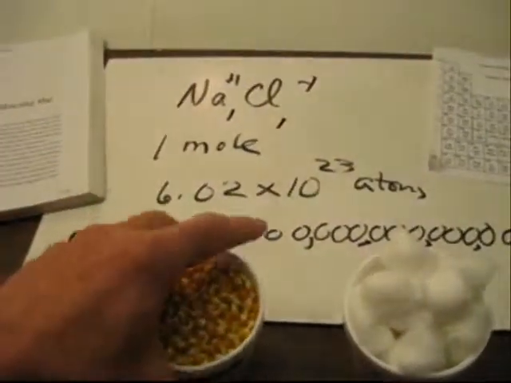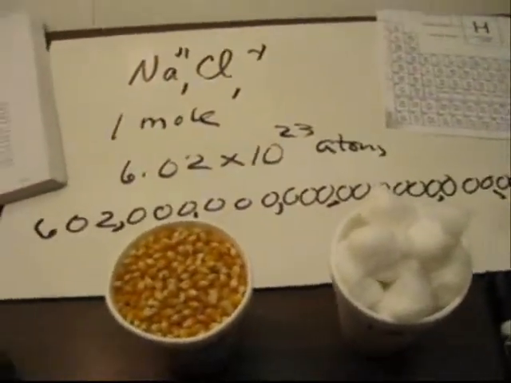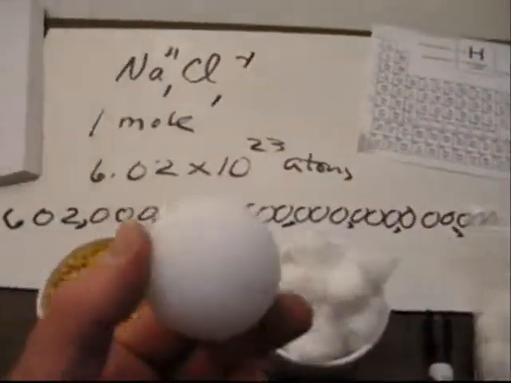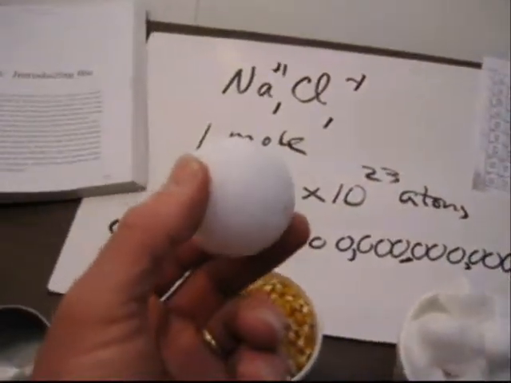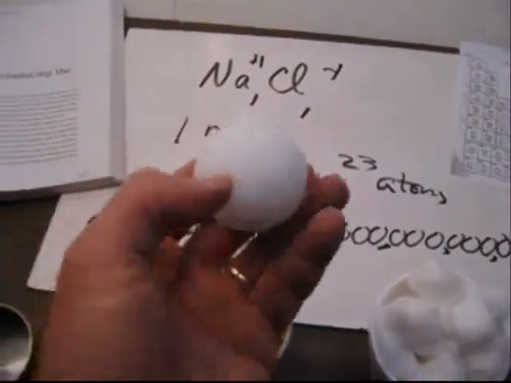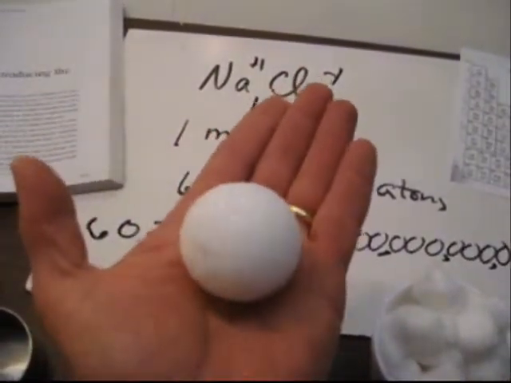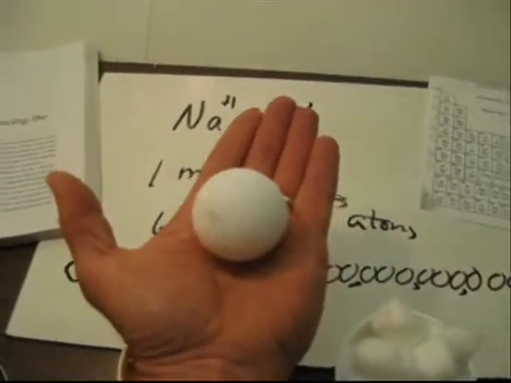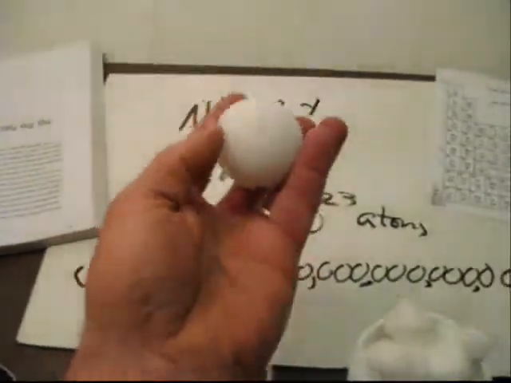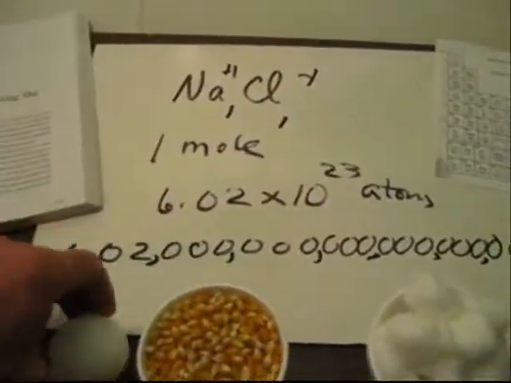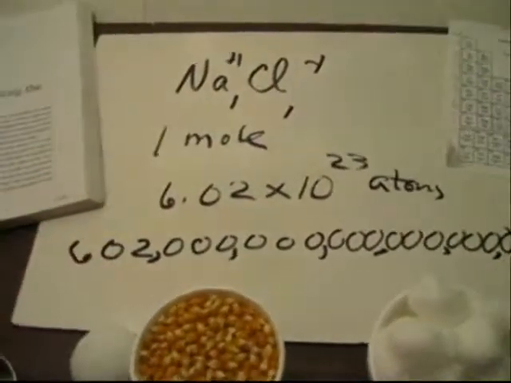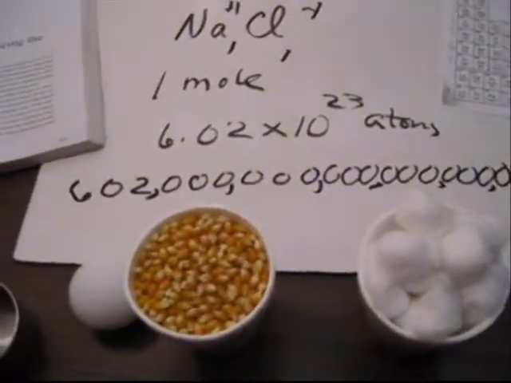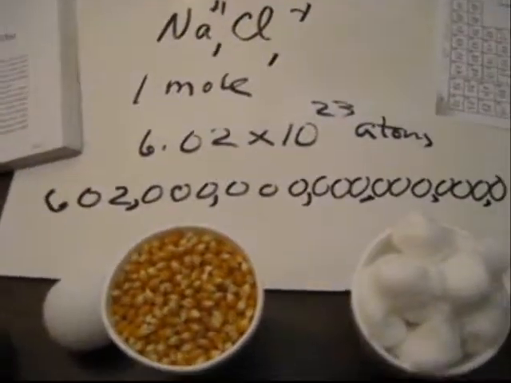Okay? The big point to make though, even though there's the same number of atoms in each, they don't have the same mass. And you can go back to your discussion of the relative mass of the subatomic particles. I believe it's in lesson 3 in your text, where we talked about the mass of an electron is very lightweight, low mass, like a ping pong ball, or I have a styrofoam ball here, compared to the mass of the protons and the neutrons, which would be like a bowling ball if you compare the two, or a cannonball.